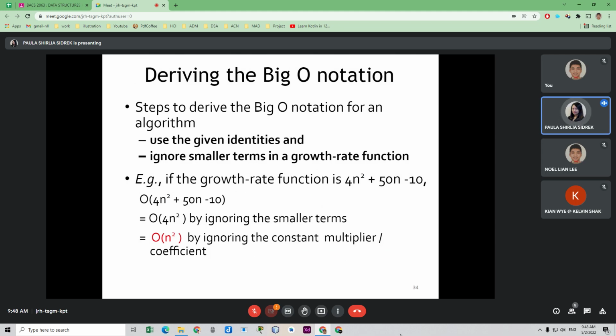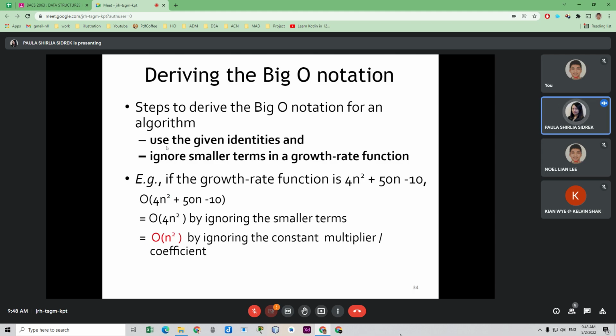So we go back to our video on big O notation, in order to come up with a big O notation value, how you compute to become O of n, O of 1, all those notations.